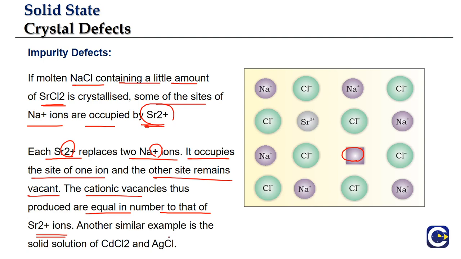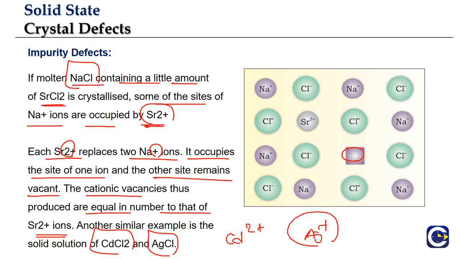So impurity defects will basically come when we have one type of ionic substance with a different valency getting crystallized with another type of ionic substance. If you look at even the solid solution of cadmium chloride and AgCl, here cadmium, what is the valency? Cadmium 2 plus, Ag is what? 1 plus.